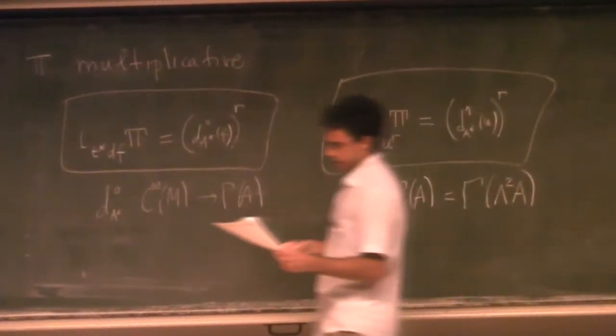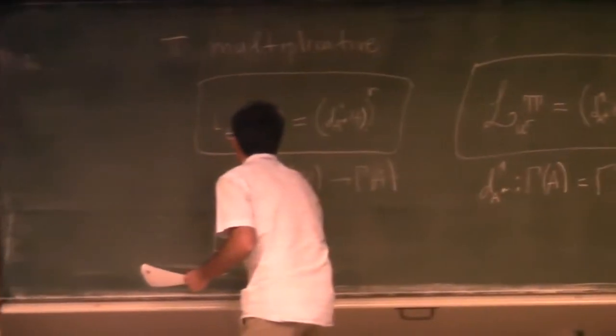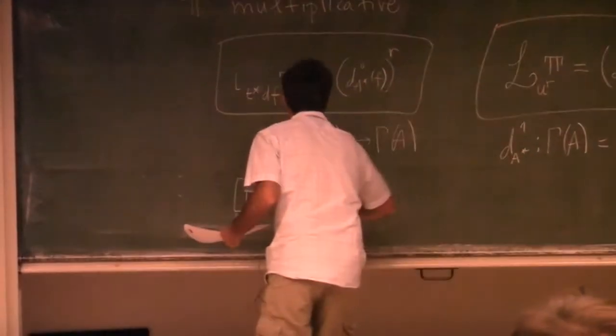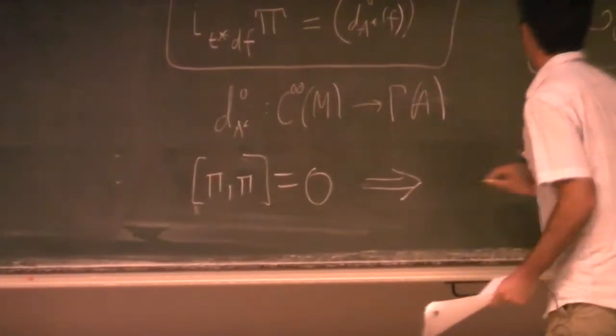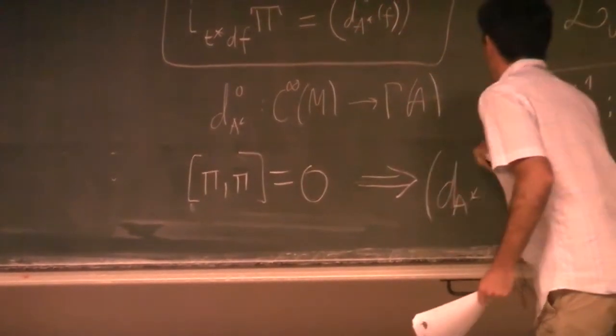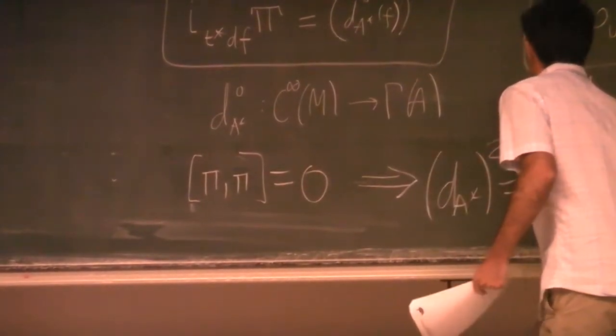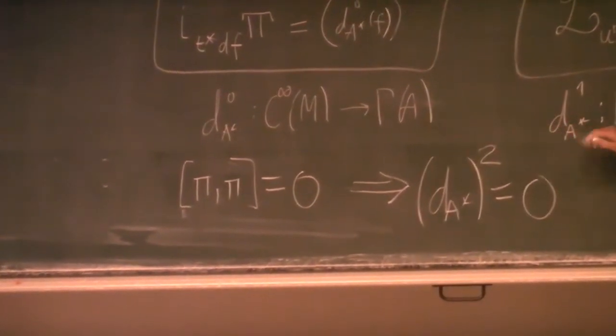Then you have to check, in the same way as before, that the integrability condition of the bivector on the groupoid implies that the square of this operator is 0. That's what guarantees that it is a Lie algebroid.